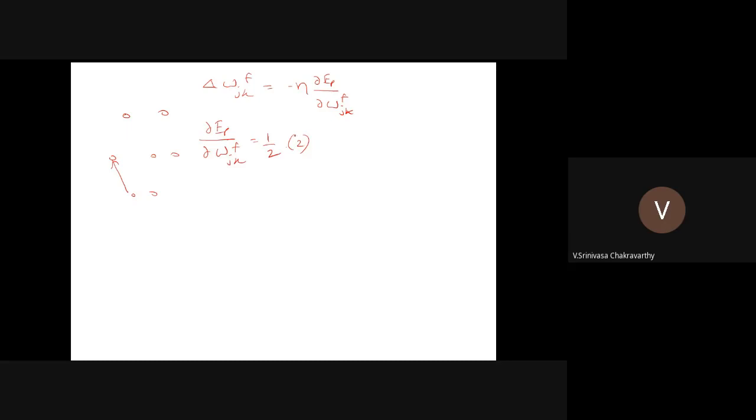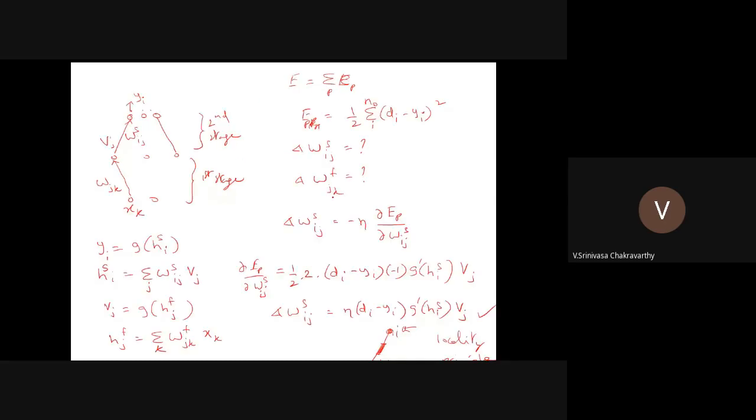Now, earlier we had NO, the number of neurons in the output layer. We had so many output error terms, di minus yi squared terms. When we differentiated this whole summation with respect to this weight, only one of these terms depends on this particular weight.